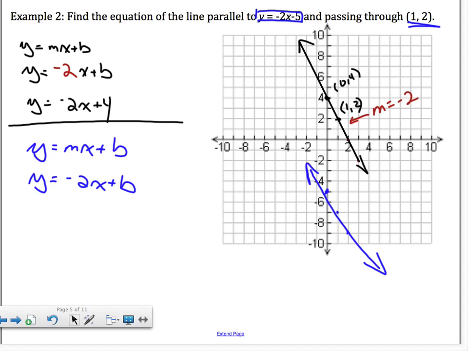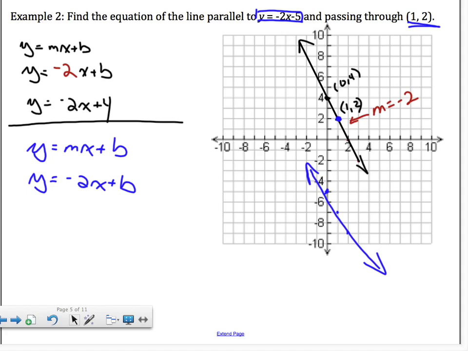That's a point on our line. Exactly. So 1, 2 is a point on our line. But what does that mean algebraically? So we can kind of see that if we draw this line, it passes through that. But what does that mean algebraically? You guys remember? Talked about this a little bit before.